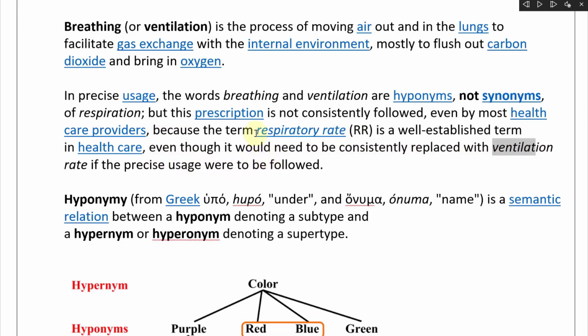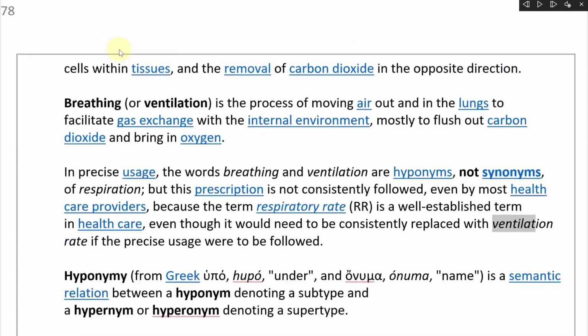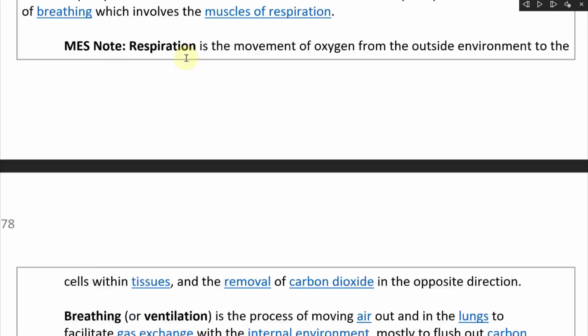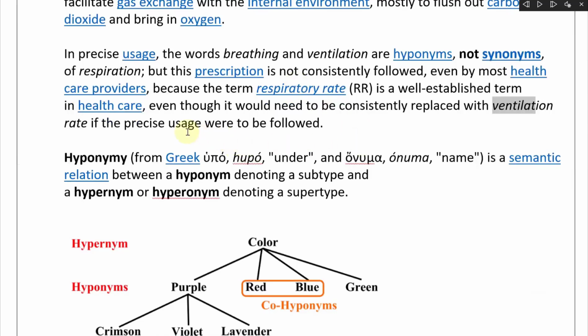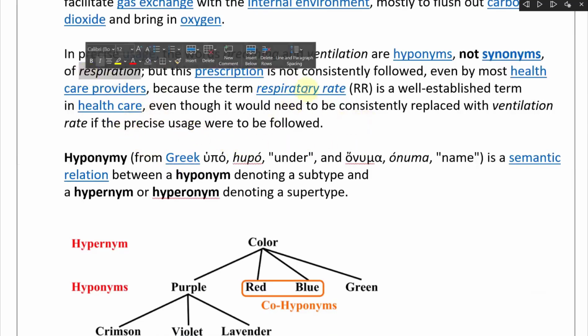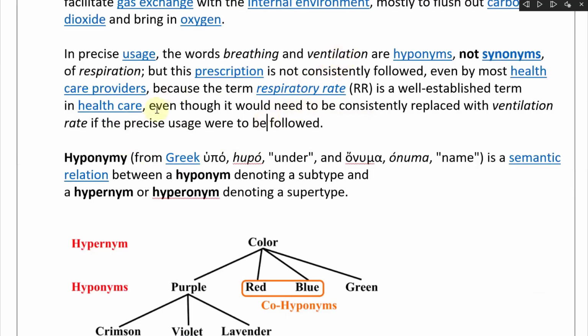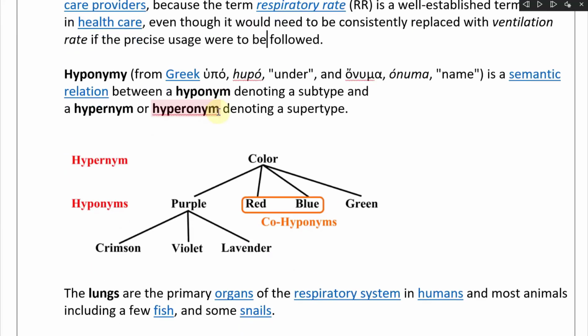So that's respiratory rate. That's actually just the breathing rate. It's not the actual oxygen intake, just to be very precise. So respiration versus breathing and ventilation: in common use, it's pretty much the same, but in specific use, you're not talking about the same stuff.